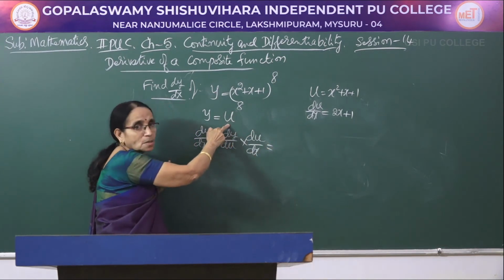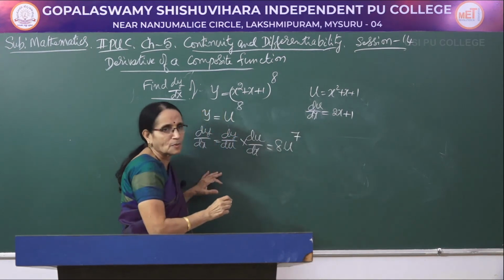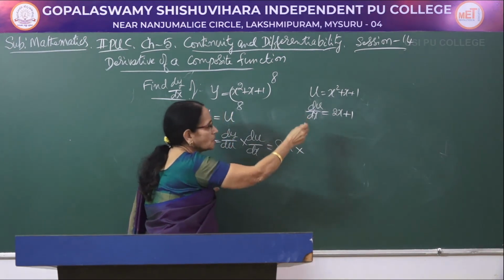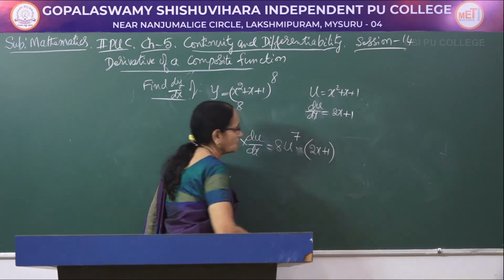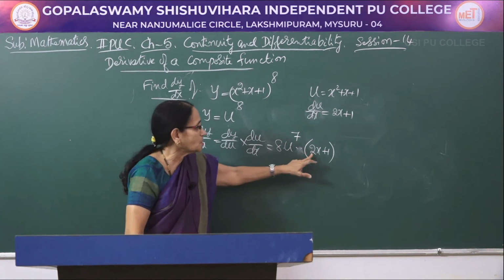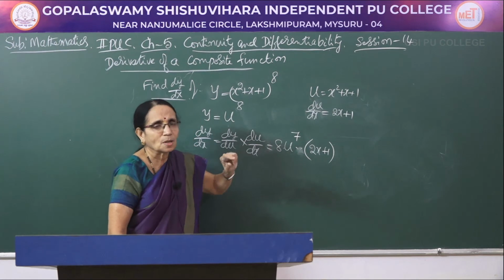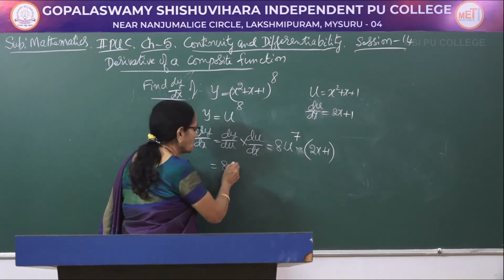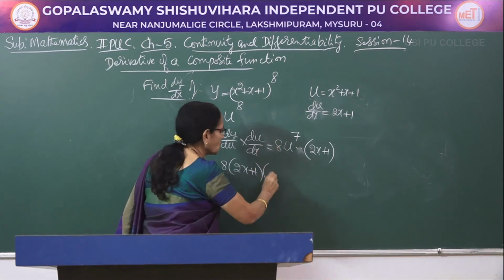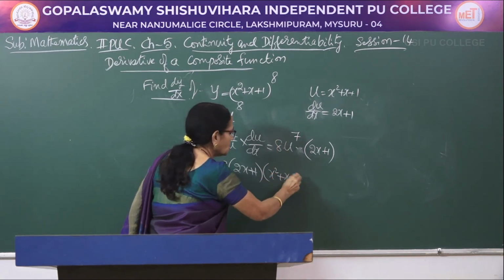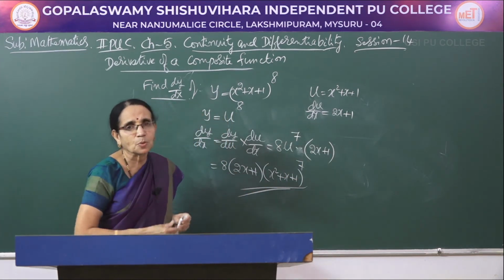Now dy by du means this basic function, 8 into u to the power 7 into du by dx, which has already been calculated, that is 2x plus 1. In the previous two problems, these two numbers could be multiplied. Here no need because we are having two terms inside the bracket. Write them together. 8 into 2x plus 1 into, what is u? You write, it is x square plus x plus 1 to the power 7. So this is the procedure.